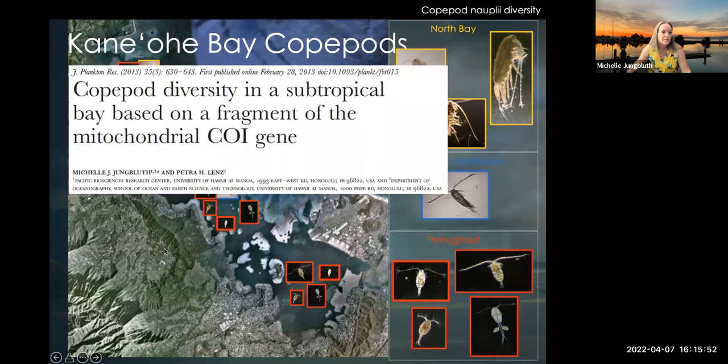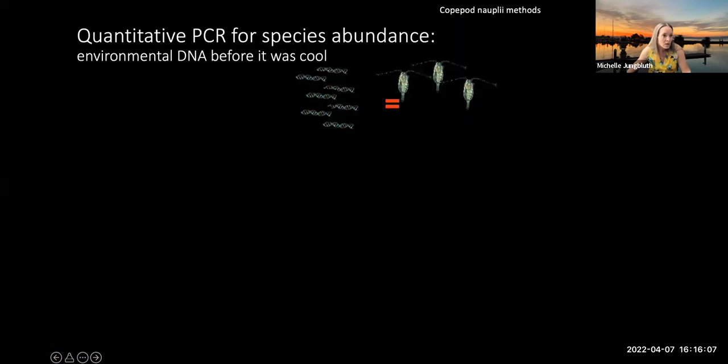I characterized the diversity of species present using DNA barcoding, the mitochondrial CO1 gene. That is a good gene for being species specific because of its low rate of mutation within species. So now that I had the DNA sequences for all of the species that I might come across around my study region, I set off on designing a quantitative PCR assay to estimate species abundance.